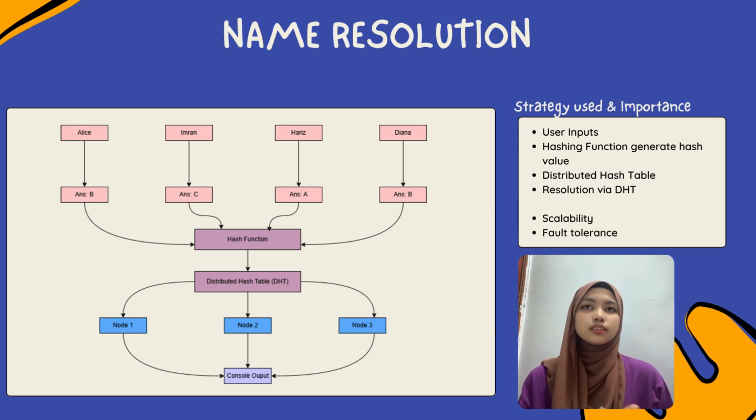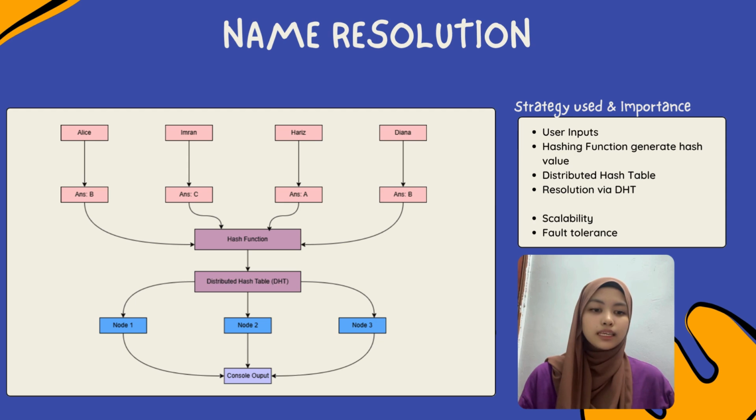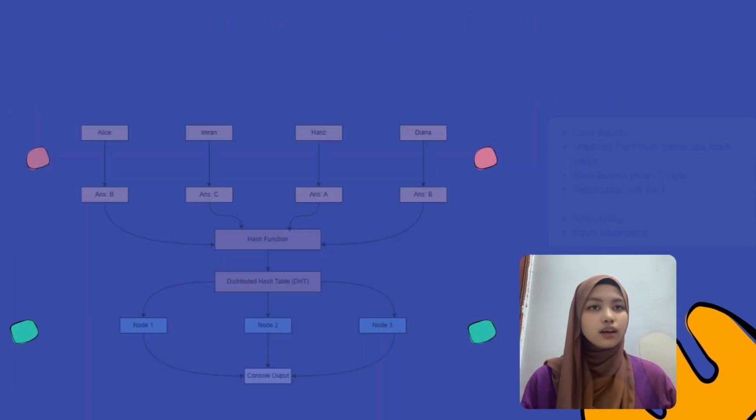For the importance of name resolution: scalability, where the DHT enables the system to scale efficiently by distributing data across multiple nodes. For fault tolerance, this means if one node goes down, the system can still resolve by name via other nodes.